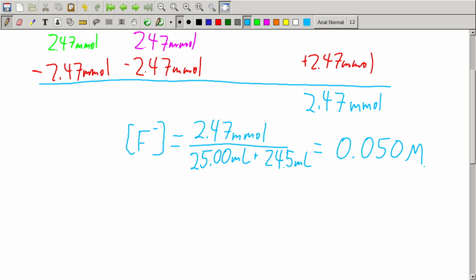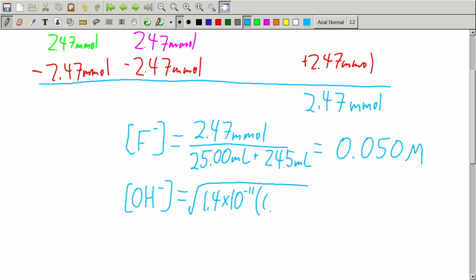And we said the Kb was 1.4 times 10 to the negative 11th. So if that's true, which I have no reason to doubt, the concentration of the hydroxide ion, if we can make the approximation, is going to be the square root of the Kb value, 1.4 times 10 to the negative 11th, times this initial molarity, which is 0.050 molar.